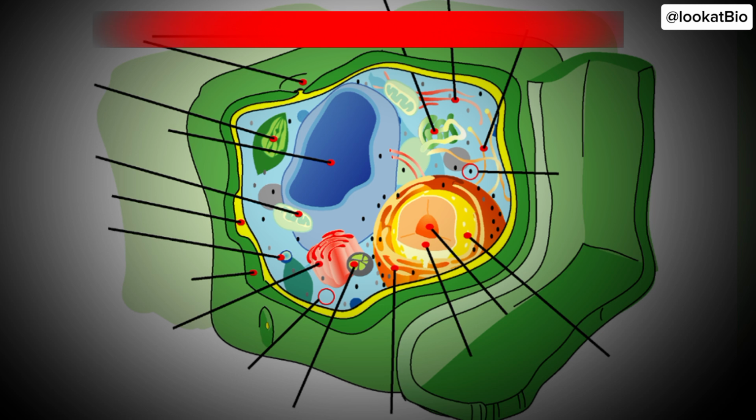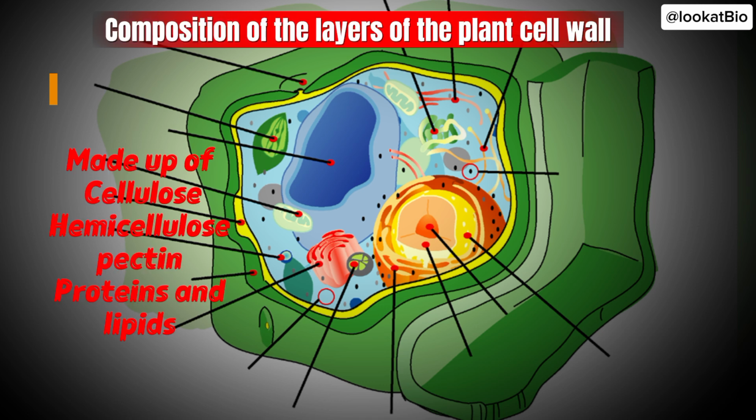If we talk about the composition of layers of cell wall, primary cell wall is a thin layer made up of cellulose, hemicellulose, and pectin, lipids, and proteins.